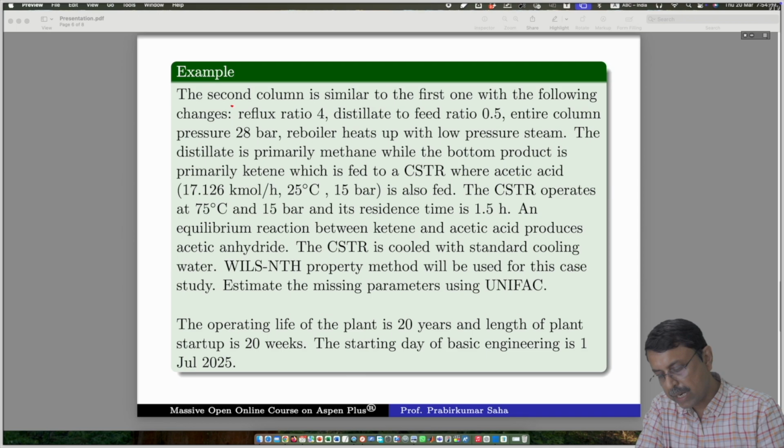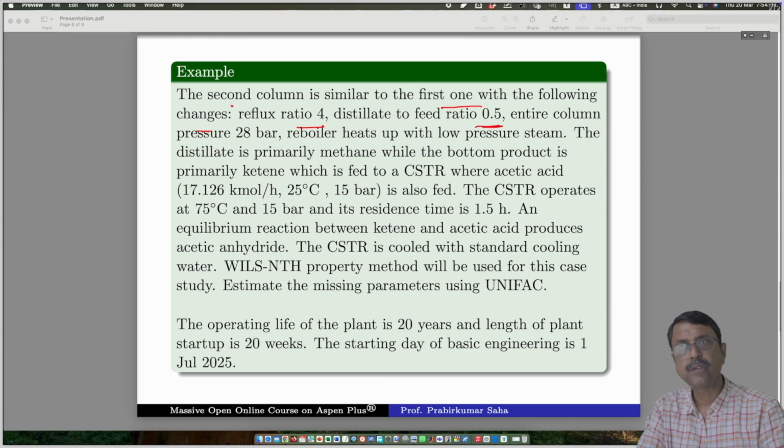So the second column is similar to the first one with the following changes. Only 3 or 4 changes are there. One is reflux ratio. In the first column it was 6. In the second column it is 4. The distillate to feed ratio is 0.5. In the first column it was 0.387 as far as I remember. Here it is 0.5.